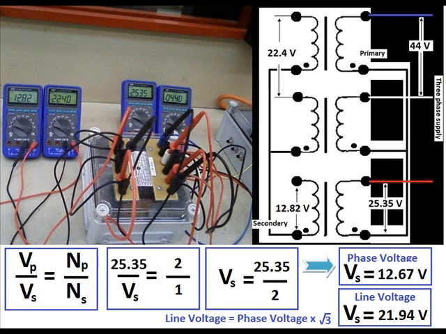We transpose that formula again to give us secondary voltage, which gives us 25.35 divided by 2, which gives us a phase voltage of 12.67. Again, slightly different from the actual measured voltage, but that's just tolerances. And from the 12.67, line voltage equals phase voltage times √3, which in this case gives us 21.94, which is pretty close to our actual measured voltage of 22.4.